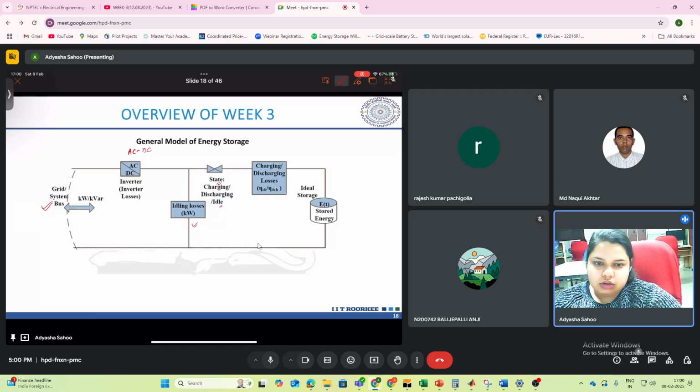Maybe 0.9 kWh of energy you can derive from the battery if you charged it by 1 kWh. That is represented by the charging and discharging losses. And this is the stored energy or the idle storage. So the idle storage with the various losses of charging, discharging, and idling losses will give the practical energy storage model.